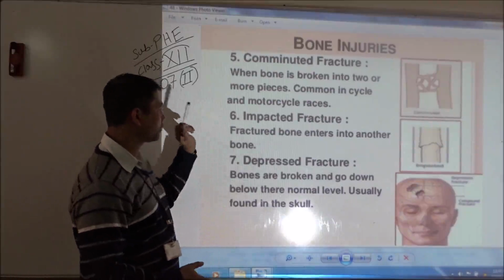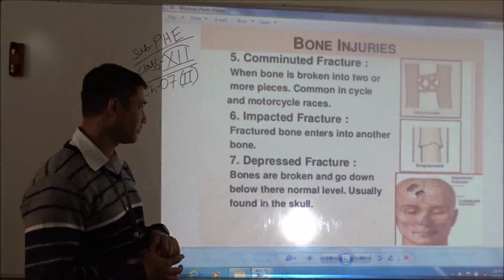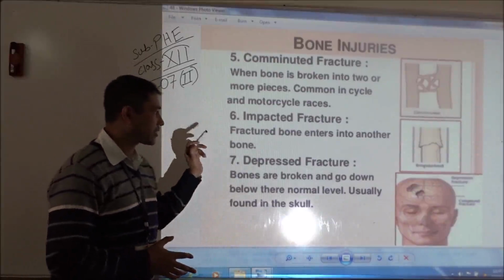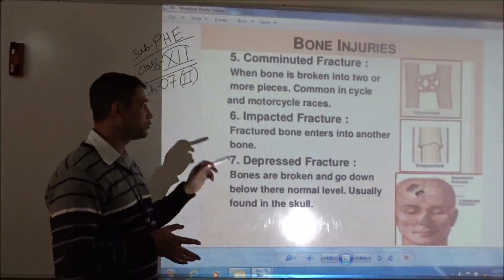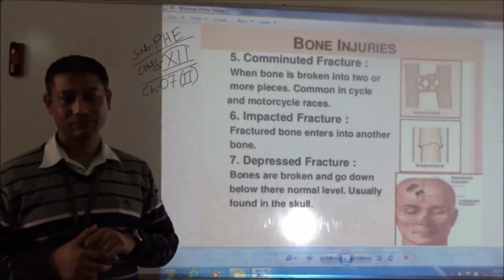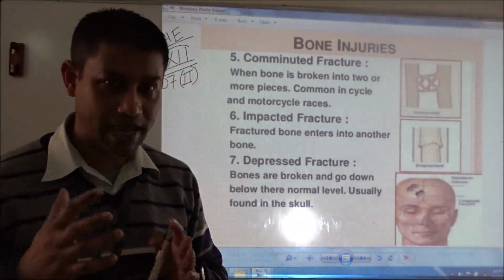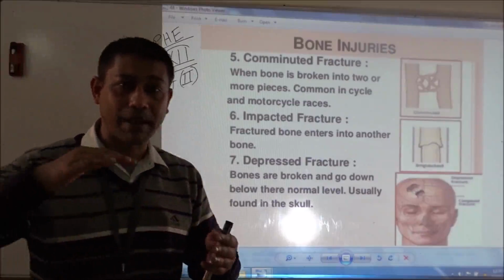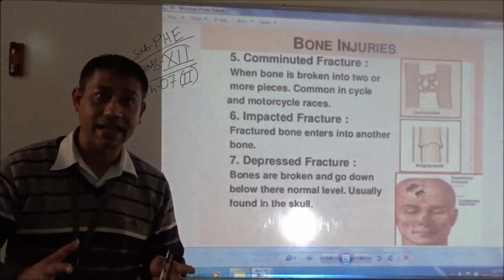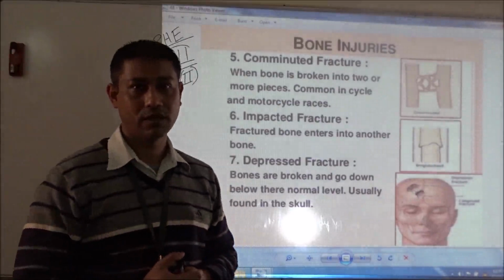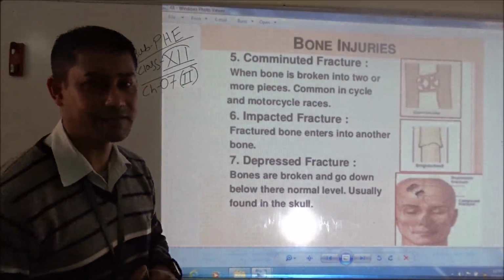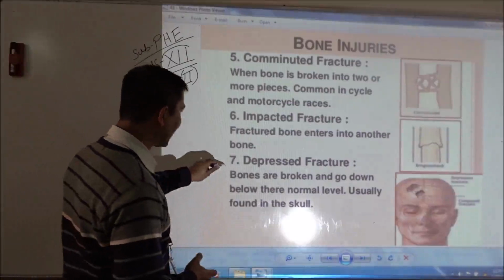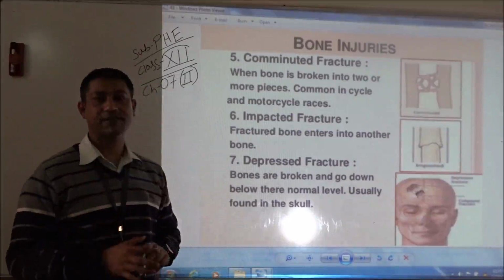Then the next one is impacted fracture. The fractured bone enters into another bone. Impacted fracture is a type of fracture where the broken end of the bone is penetrating, getting inside another bone. How much danger it is. The last one is depressed fracture.